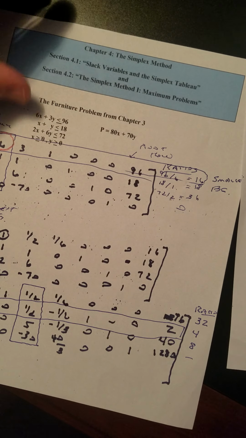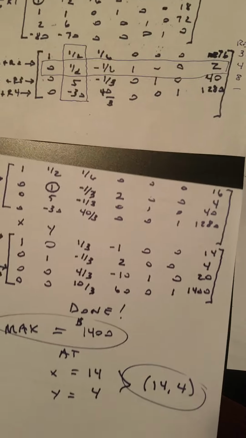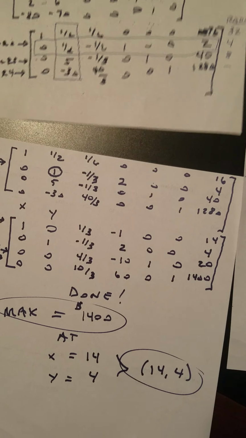But taking it the whole way through, it took 5 matrices to get all that done. So in the second section, we're going to spend more time on what I just showed you on how to go through and work the matrices. And then in section 3, instead of maximizing, we go to minimizing. It should all go pretty quick for you. It is a quick chapter.